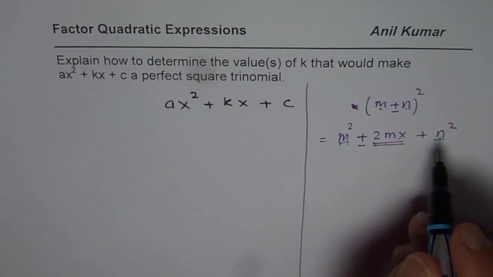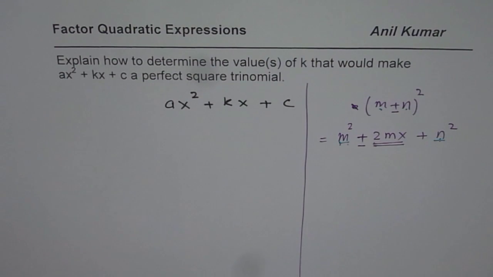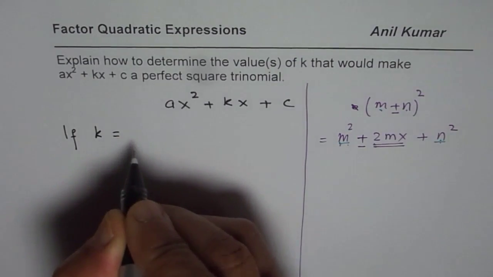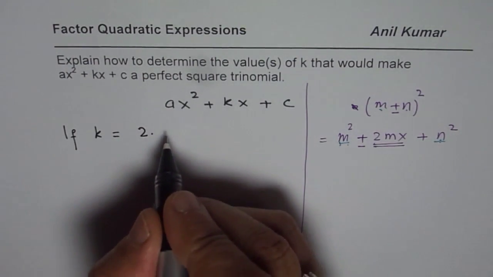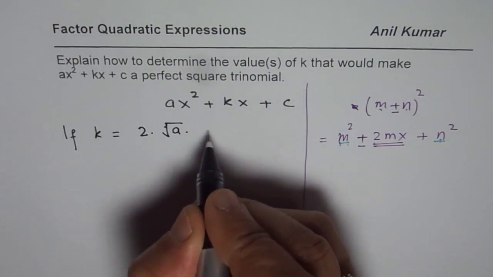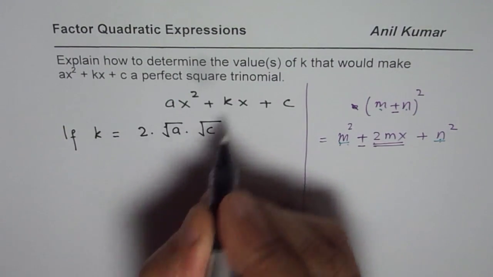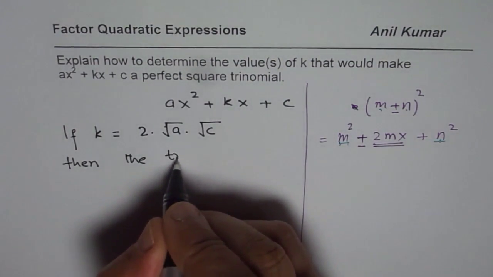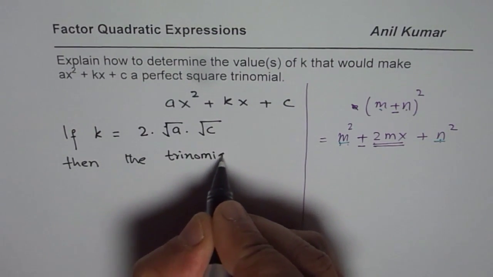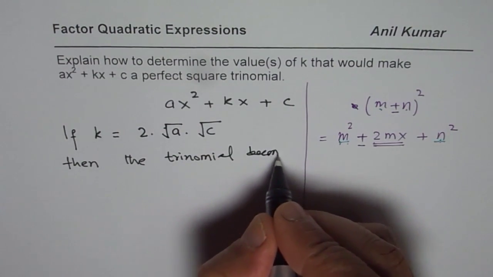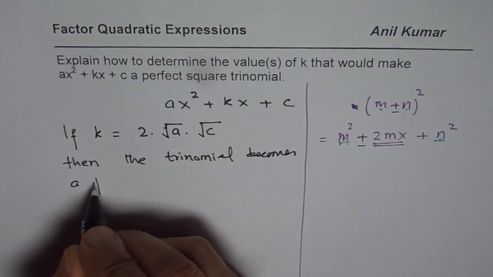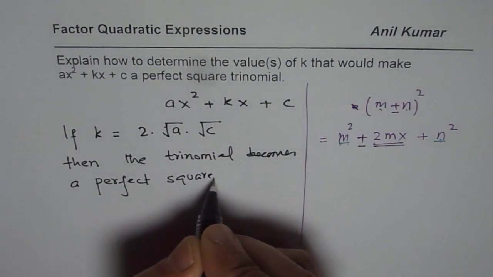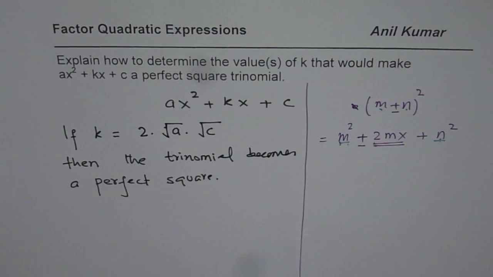So looking into this, what we can write here is that if k is equal to 2 times the square root of a times the square root of c, then the trinomial becomes a perfect square. Do you see that? So that only it becomes a perfect square.